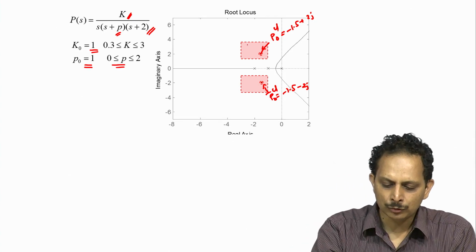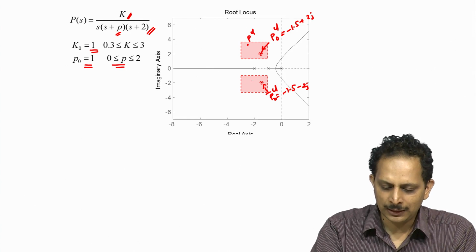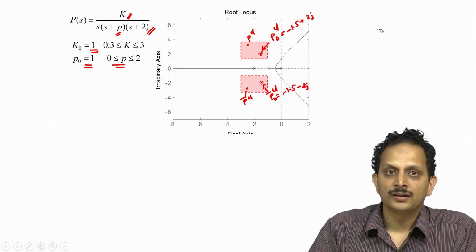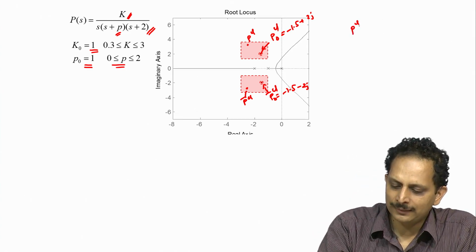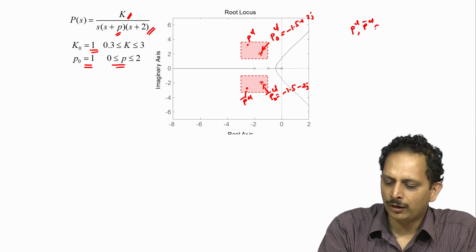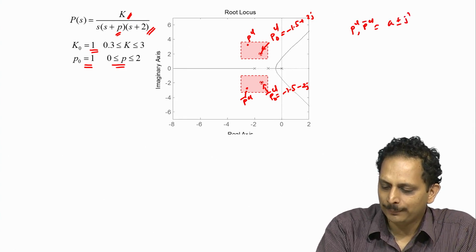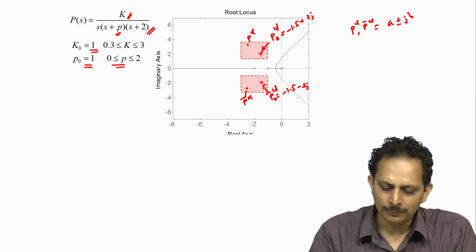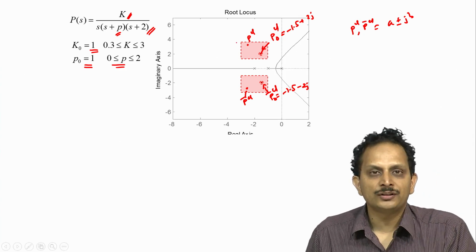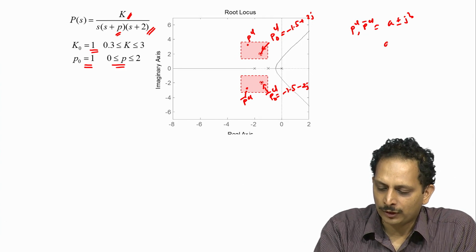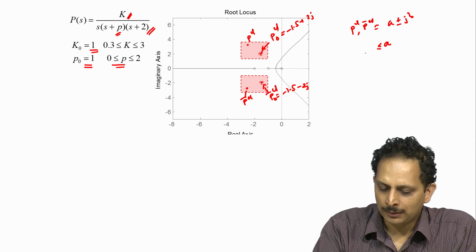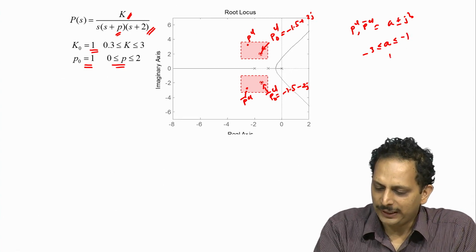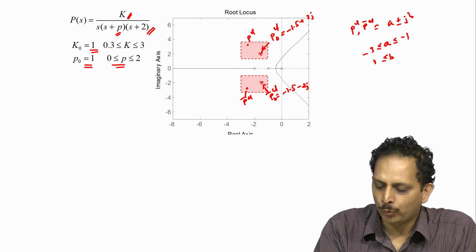So we can have the closed loop pole PCL and PCL bar anywhere within this rectangle, and therefore the closed loop pole PCL and PCL bar would be of the form A plus or minus jB, where A is the real part of the pole and B is the imaginary part of the pole, and from the limits of this rectangle we see that we can allow for A to be anywhere between minus 3 and minus 1, and likewise B can also be anywhere between 1 and 3.